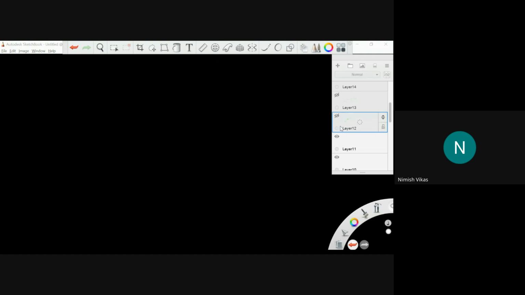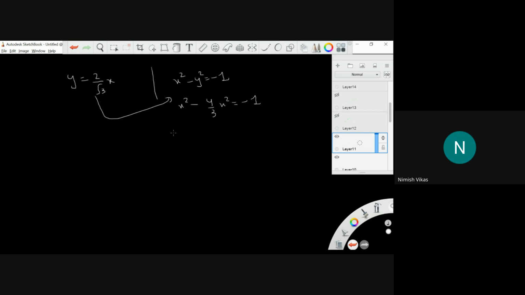So we have y is equal to 2 by root 3 x, and then x square minus y square is equal to minus 1. Let's say we solve simultaneously. We get x square minus 4 upon 3 x square is equal to minus 1. So minus 1 upon 3 x square is equal to minus 1.